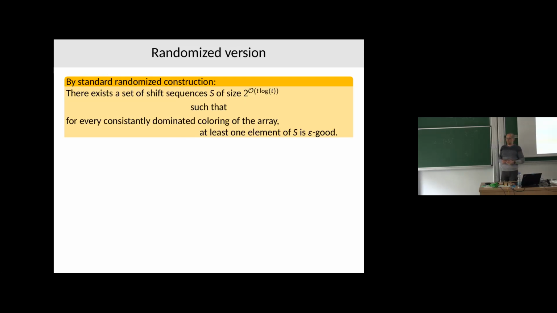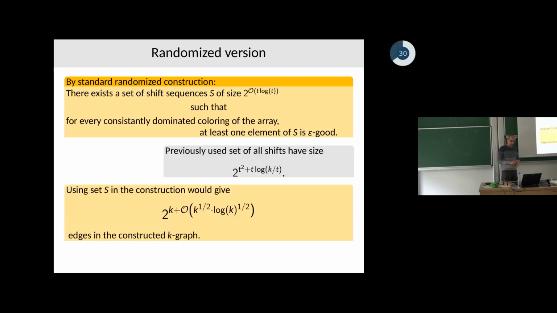Okay, so in other words, it is a hitting set for the set of epsilon good shifts for a coloring. And the probabilistic argument behind this is very basic.